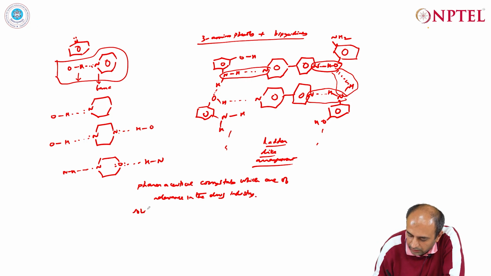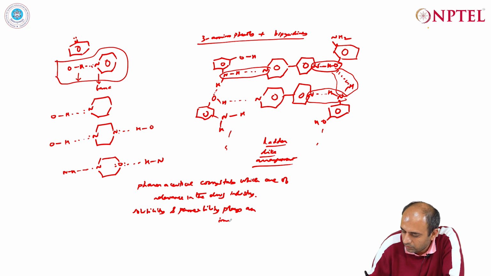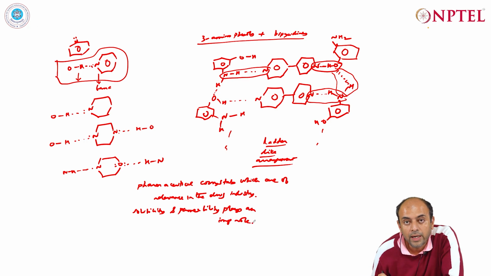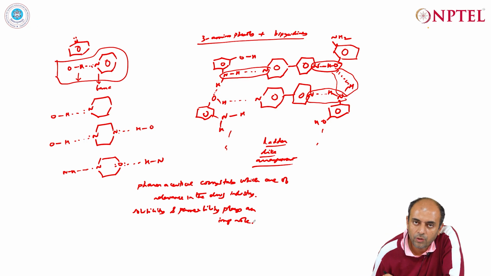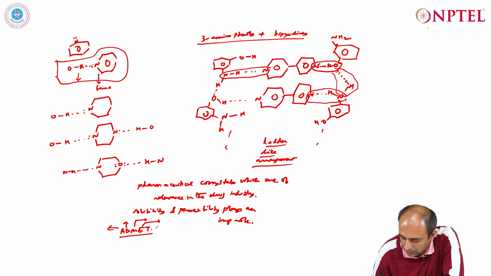So, the solubility and permeability plays an important role, and it is also important that when you formulate a drug, it conforms to the famous ADMET rule, where A stands for adsorption, D stands for digestion, M stands for metabolism, E stands for elimination, and T stands for toxicity.